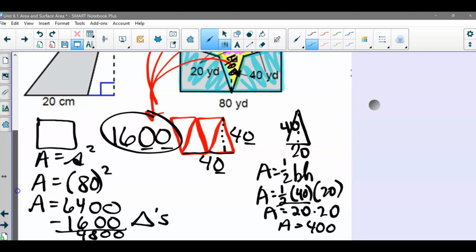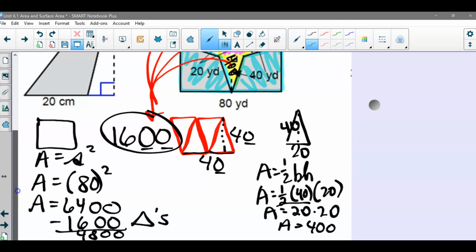What we did in the red down there with all the triangles is Cameron said put all the triangles together and it would total 1,600. Or Lula said you could do one triangle, which is 400, and repeat that 4 times, 4 exact triangles. Good question.